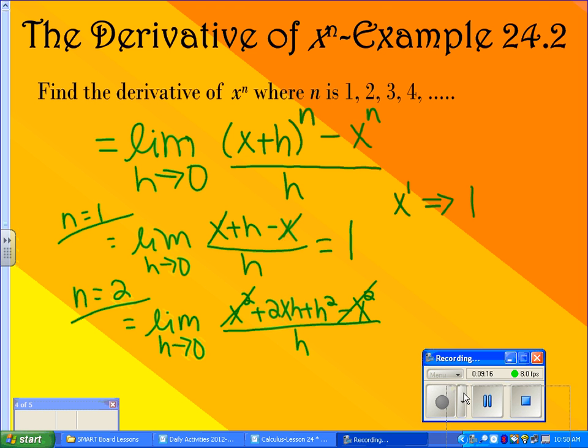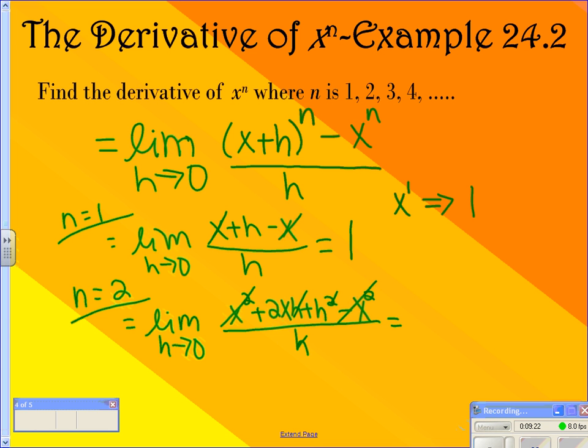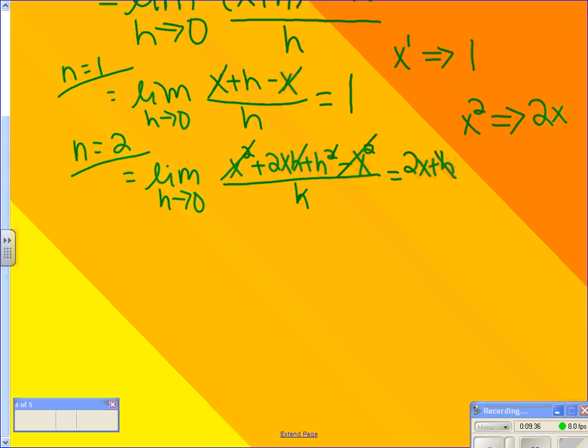The x squareds cancel. The h's cancel. You have 2x plus h. Plug in 0, so the h goes away. So if you have x squared, what is the derivative? Go with me? Okay. Y'all see how that one works? I'm not writing it all out. We're trying to get to the answer a little bit.